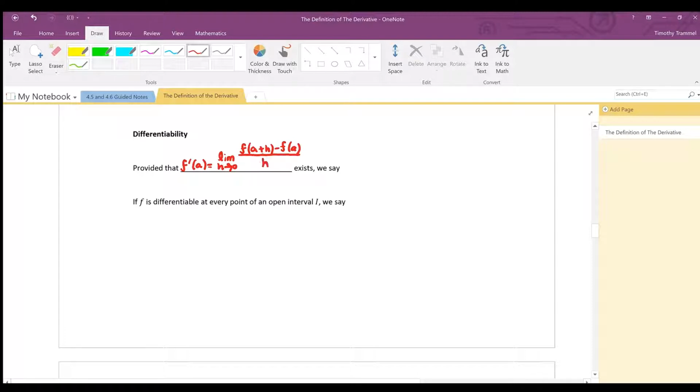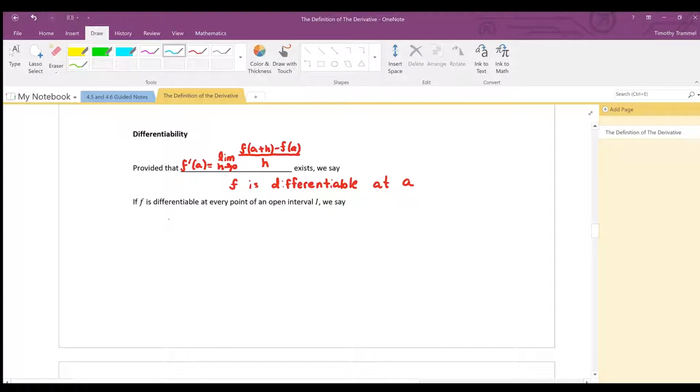So if this limit exists, we say f is differentiable at a.